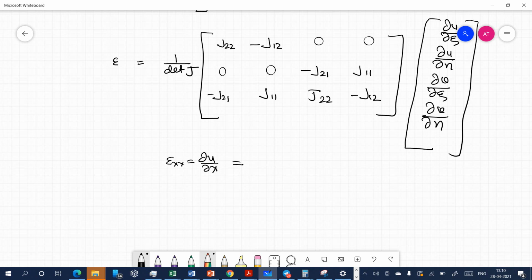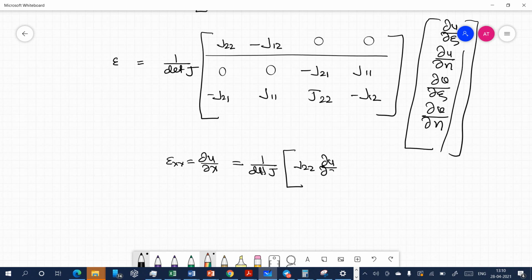We are finding it by multiplying this with that, with this one, right? And of course we have determinant of J with us, and then we have J22 into del u by del zeta minus J12 del u by del eta, and nothing else, right?